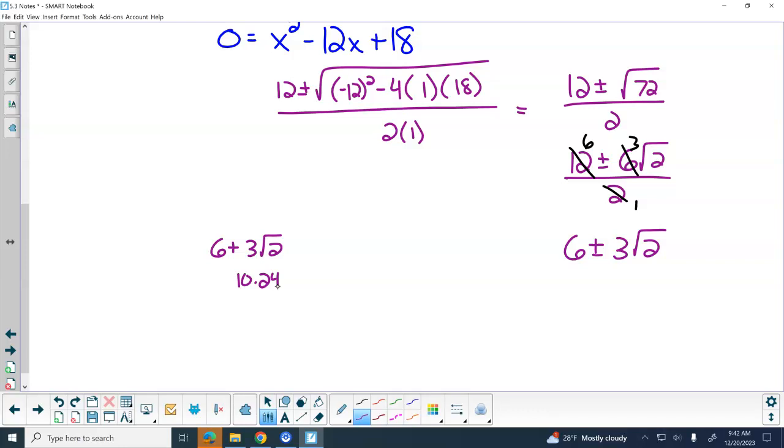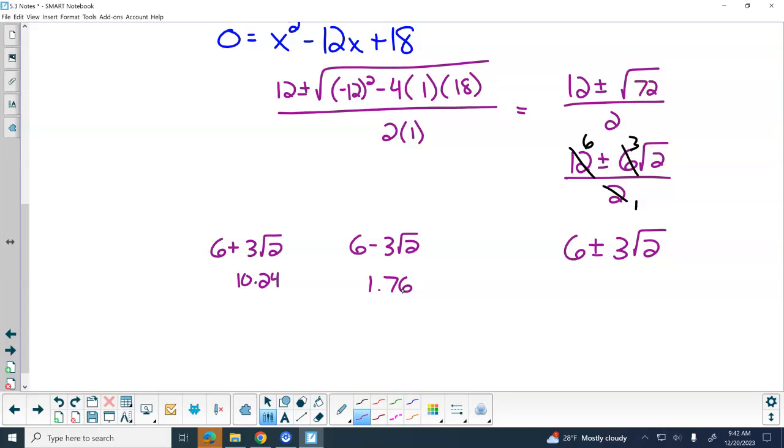Now we gotta look at 6 minus 3 square roots of 2. What do we got for a decimal approximation of 6 minus 3 square roots of 2? 1.76. Okay, is that one going to work? Because 1.76 minus 9 is going to give me a negative argument, right?